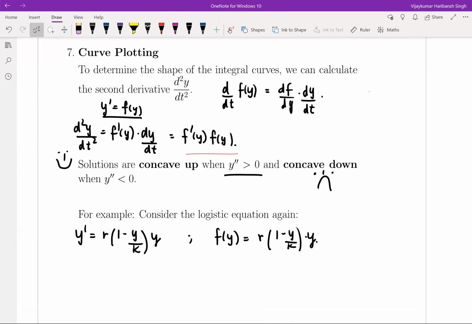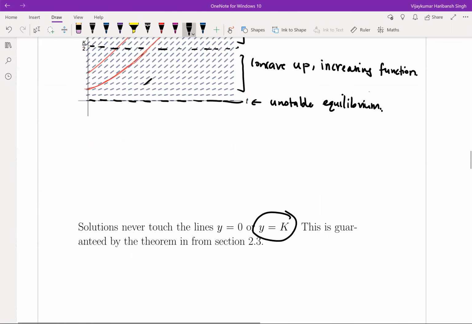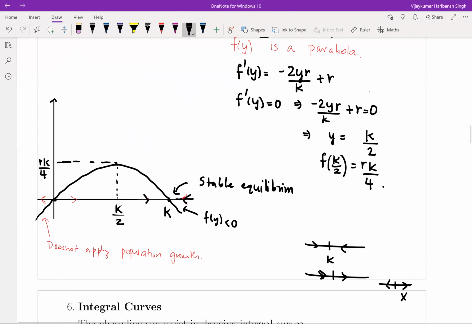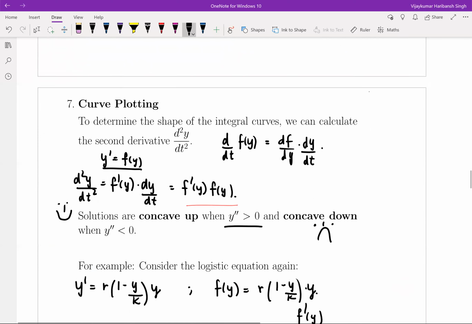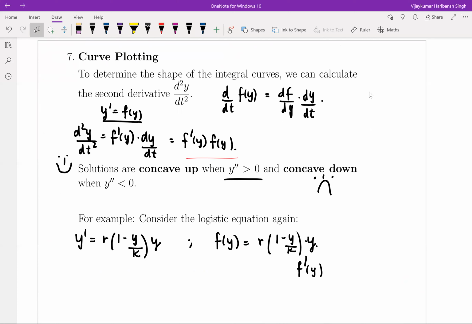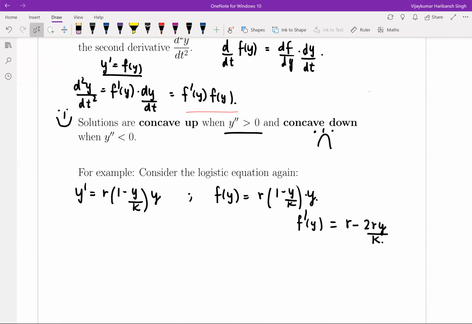We have already computed f'(y) early on. f'(y) was -2ry/k + r, so f'(y) is going to be r - 2ry/k.